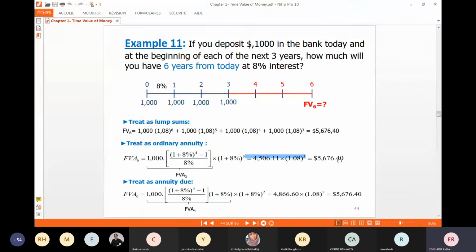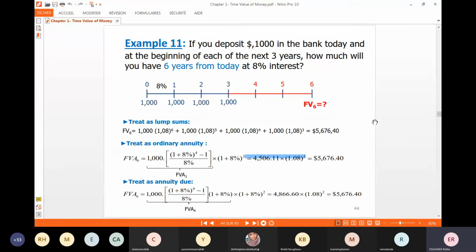You will find the same result. Is it clear here? Yes, sir. So basically, we're treating it as a lump sum too. Right.